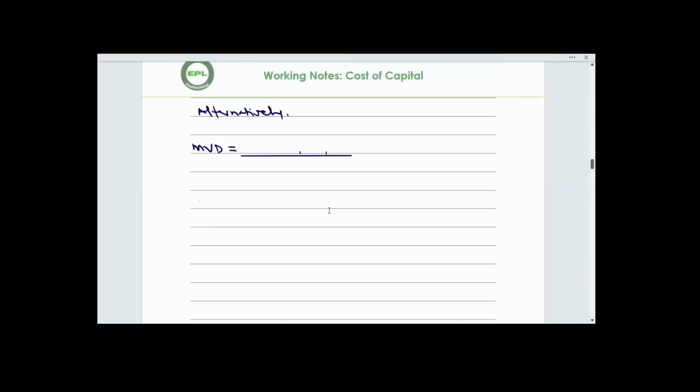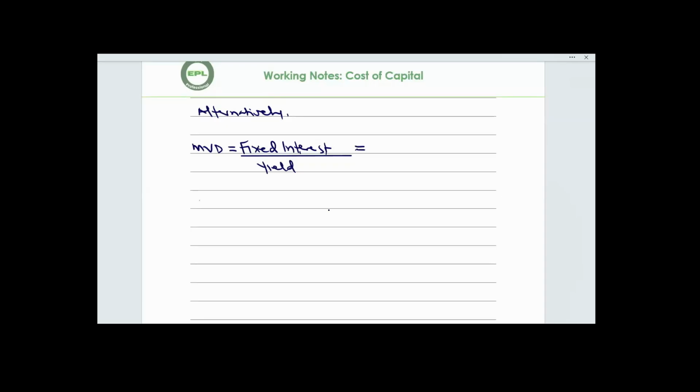Let's do it this way. According to the formula, this is supposed to be the fixed interest divided by the yield. We are given the yield in the question. So this will give us the market value of the debenture.